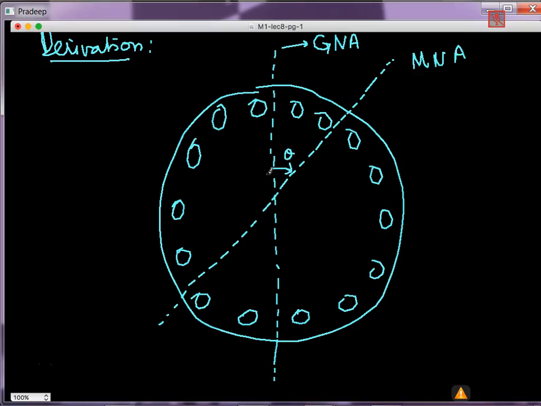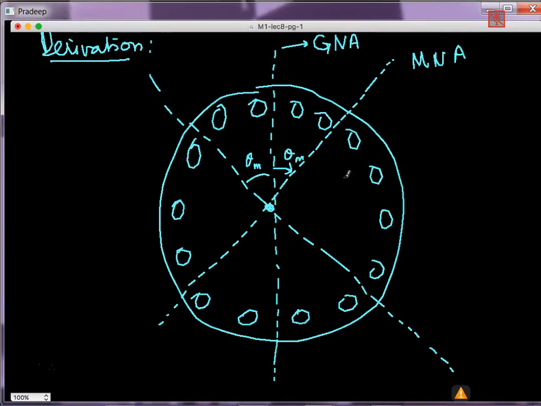The same angle theta, I can consider on the other side also. So this angle is again theta m. So theta m is the angle of shift, the mechanical angle of shifting of the poles.